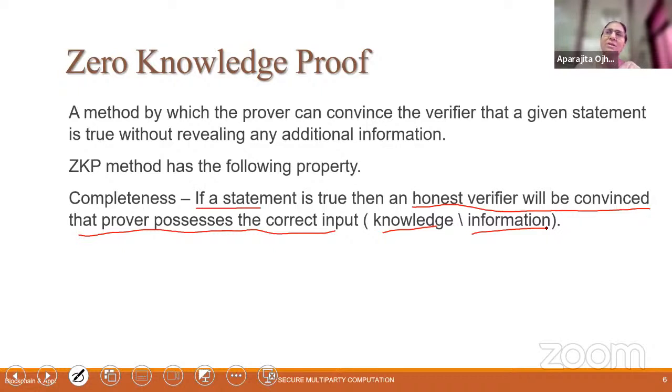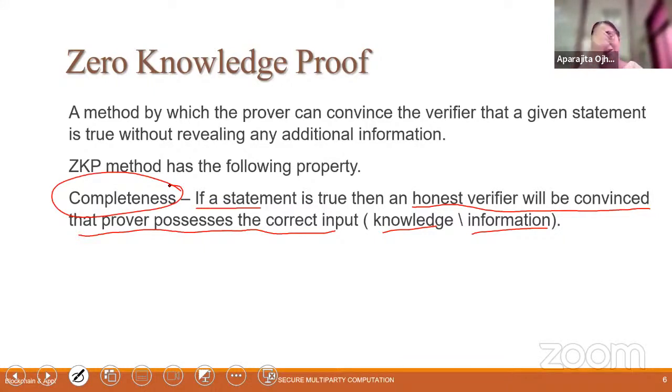So what he tries to claim is that it is his email ID so that he can gain access using a certain method, then the honest verifier, as I said, will be convinced that the prover possesses the correct input.